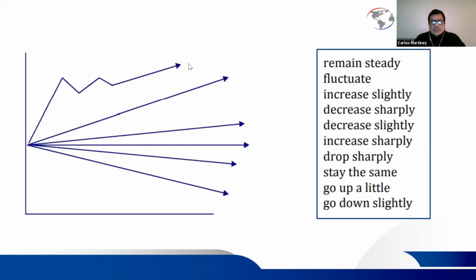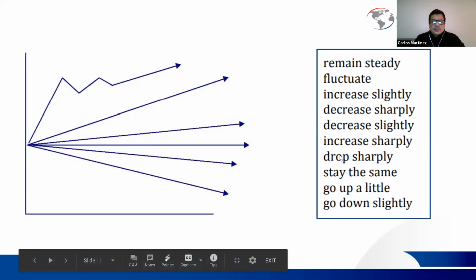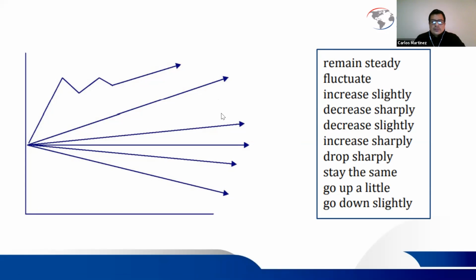Now, what do they represent? As you can see, we have 6 arrows, and we have 10 expressions. So we have 10 expressions for 6 arrows. That means that some arrows will represent more than one expression.